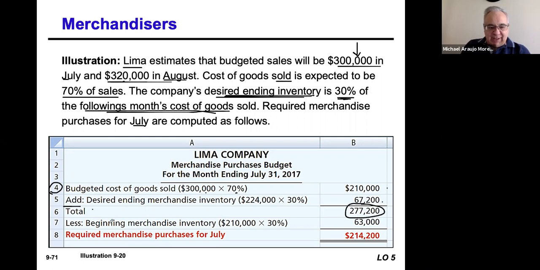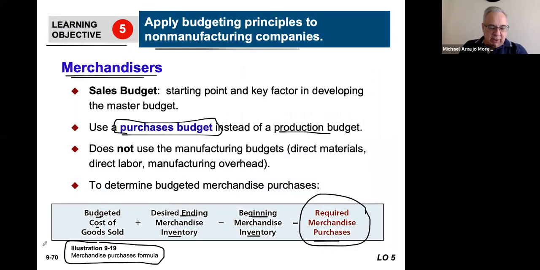And then they will subtract out their beginning inventory, which they also show as 30% of the previous month's cost of goods sold. So 300,000 times 70% is the cost of goods sold, and 30% of that is 63,000. So the required merchandise purchases that they're going to make for the month of July is $214,200.